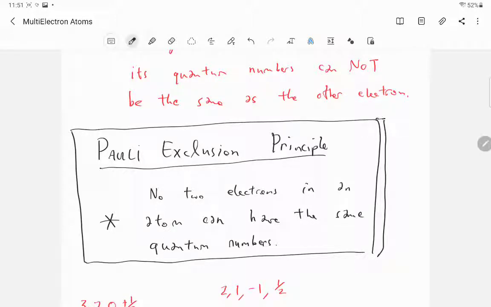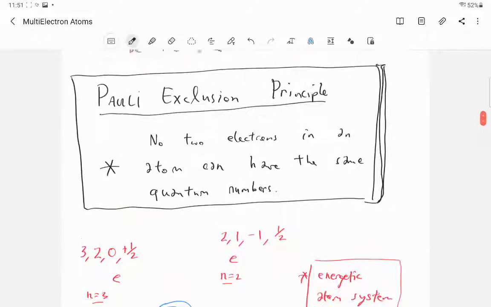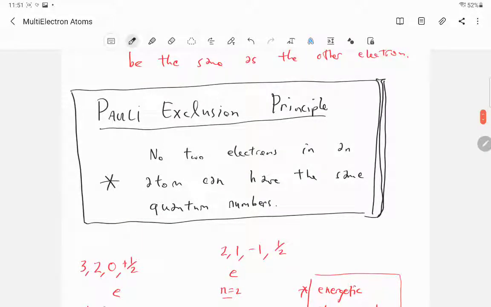We have to obey this very special principle. And if we obey this principle, we actually generate, you might say that the Schrödinger equation model of the hydrogen atom gives us these quantum numbers. If you add in spin and the Pauli Exclusion Principle, you can predict the periodic table.